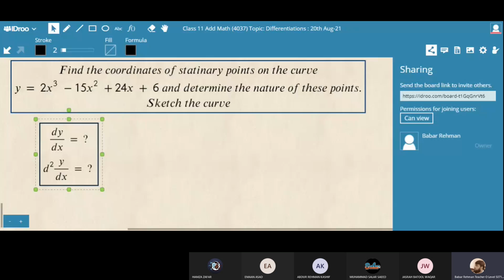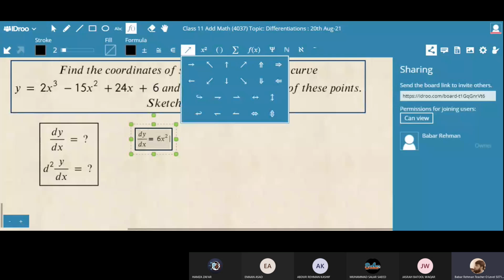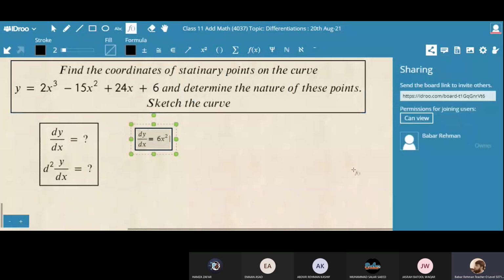Yes, student, hurry up. What is the first derivative? Now, what we will do? dy by dx is equal to 0. Next step.